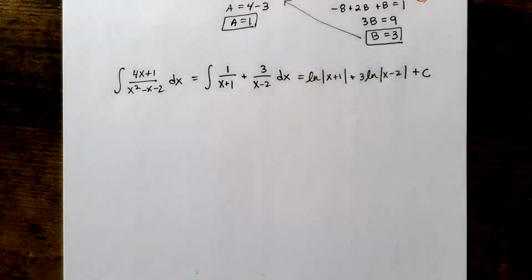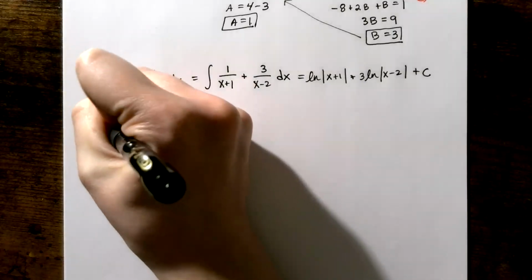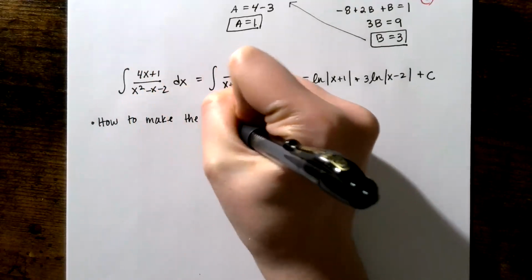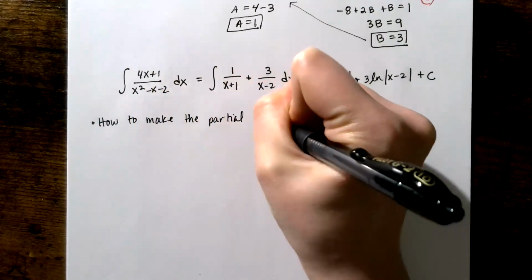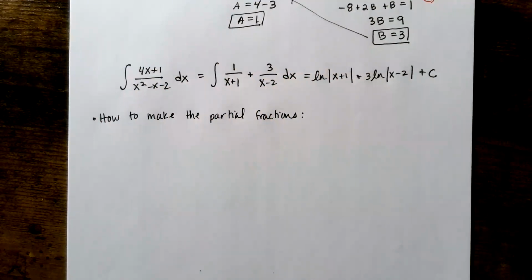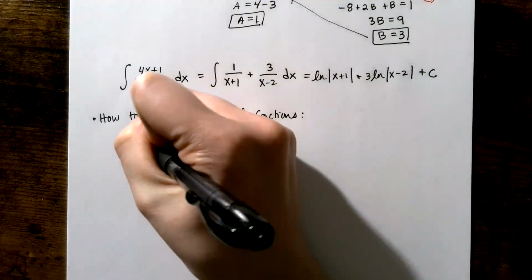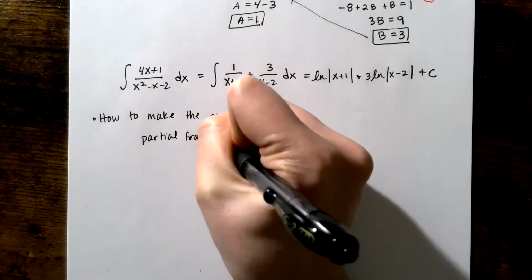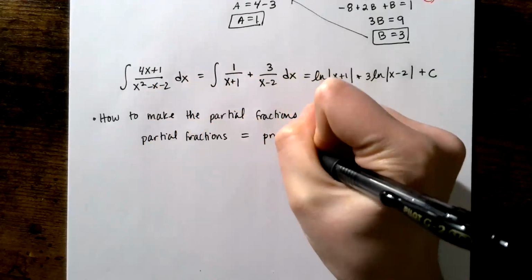All right, so how to make your partial fractions. One important rule here is to remember that the partial fractions in that initial breakup step are proper rationals.